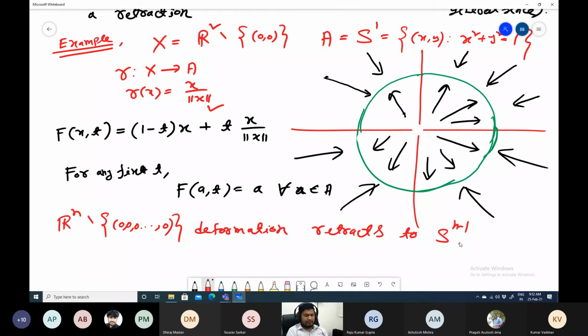Similarly you can prove this one as well. So fine. Now this is the thing geometrically. Now we will see why this is very useful.